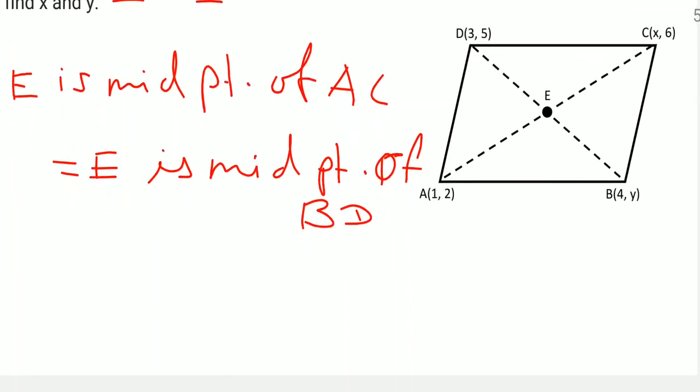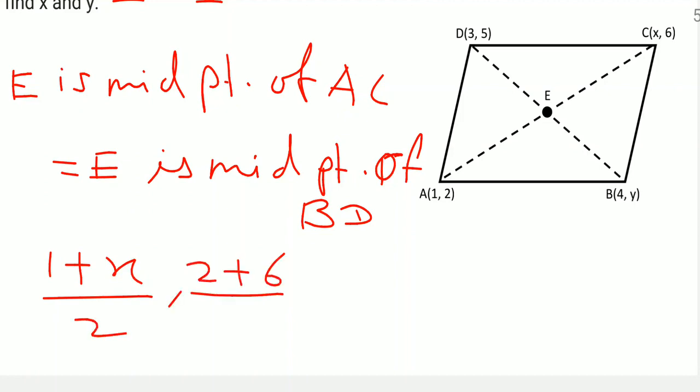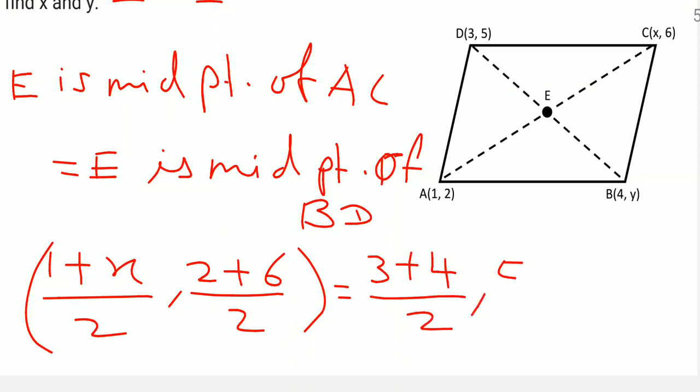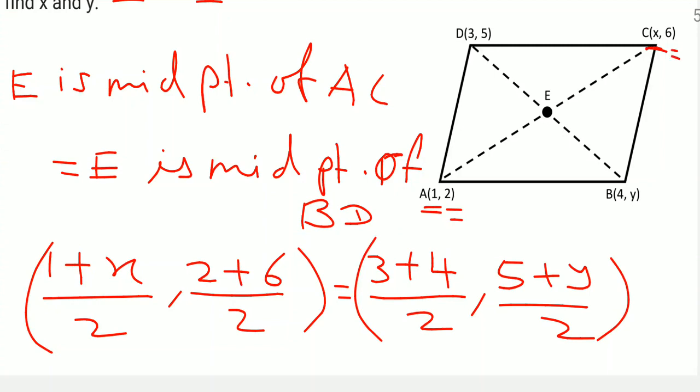So see here, coordinates of E: here (1 plus x) divided by 2 and here (2 plus 6) divided by 2, which is equal to here (3 plus 4) divided by 2 and here (5 plus y) divided by 2. Try to understand. Here this one is x1, this is x2, this is y1, this is y2. Same for BD also I did.